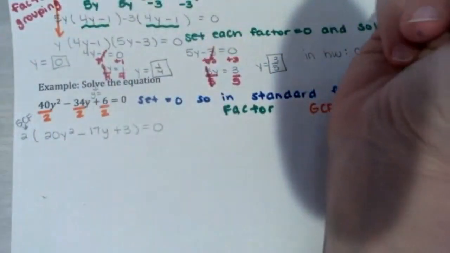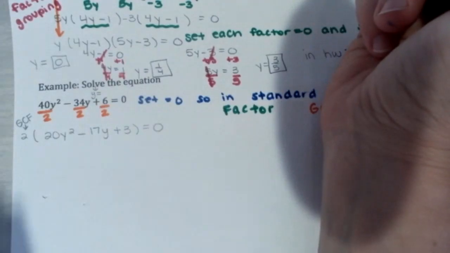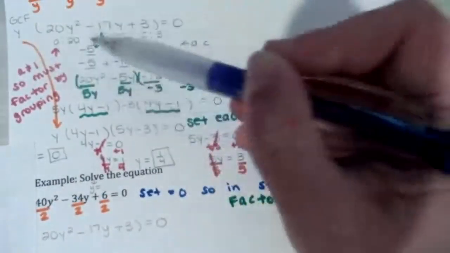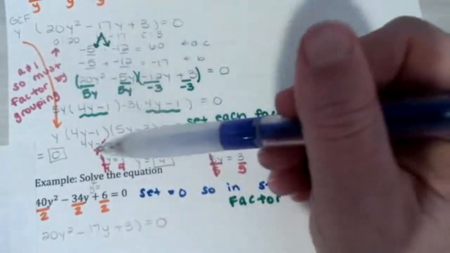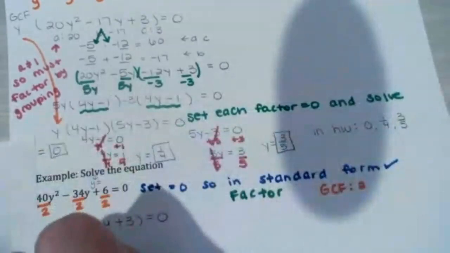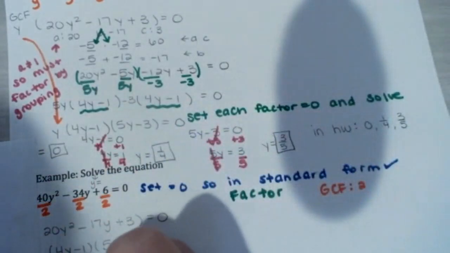Our GCF of 2 is already done, so I'm going to cover it up. What do you know? It's the same exact thing that we did up here: 20y squared minus 17y plus 3. To save us all this time factoring, we know this factored down into 4y minus 1 times 5y minus 3.